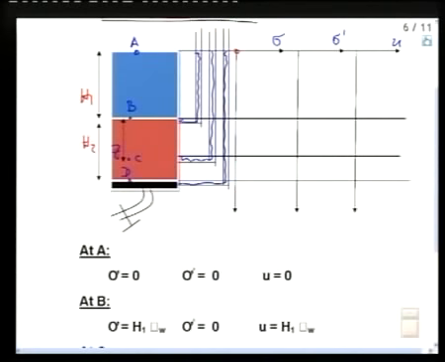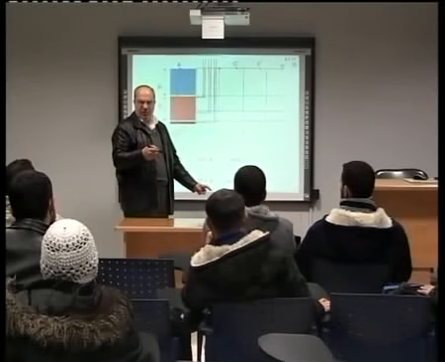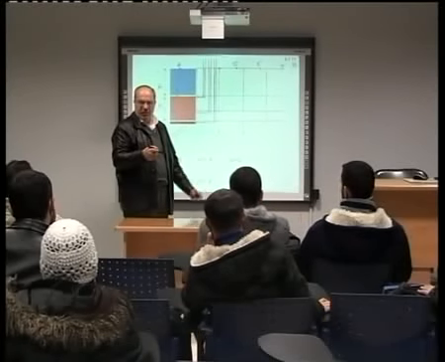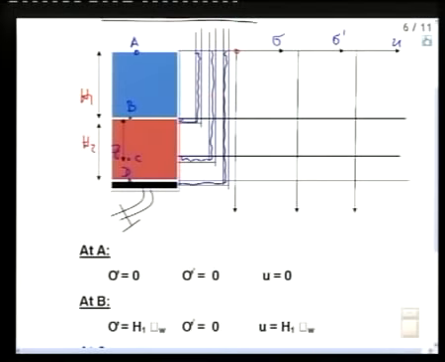What about u, pore water pressure? Zero. Why? We have to remember, pore water pressure is the height of water above that point multiplied by the unit weight of water. So no water, then this is 0. What about sigma prime? The height of submerged soil above that point. 0.